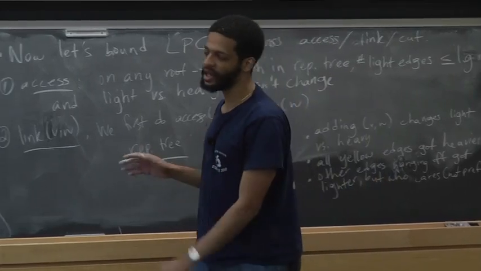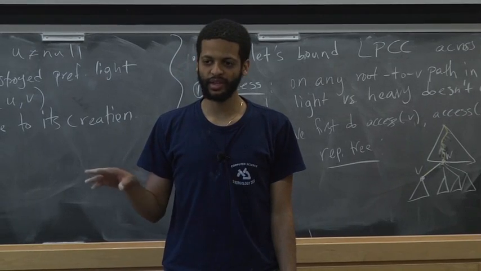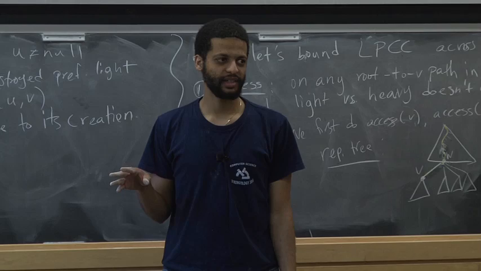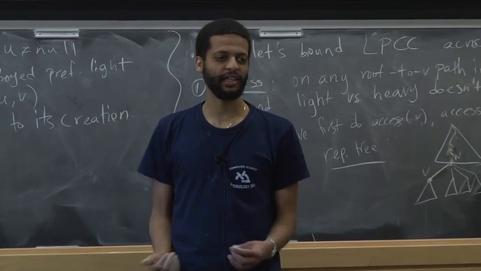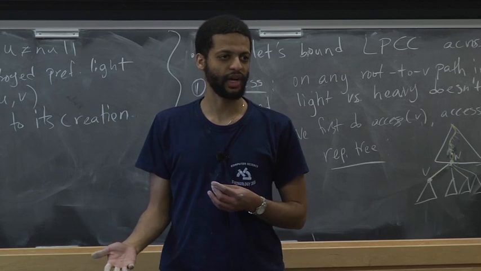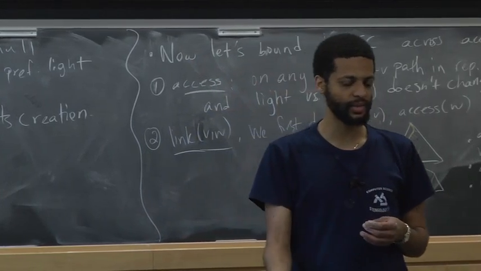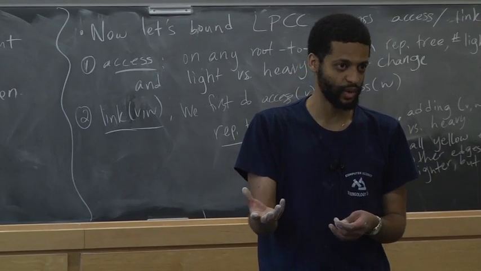When you're dealing with costs, you have to be a little careful about costs in the residual graph. What do you think the cost should be? If you have an edge E in the original graph, and there's still some residual capacity left on it, it'll still appear in the residual graph with the capacity that's left, as well as whatever the cost was.